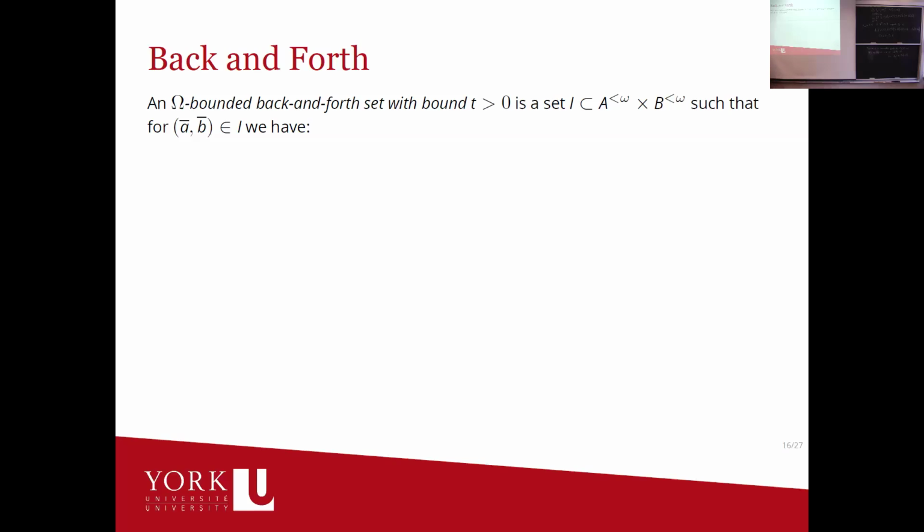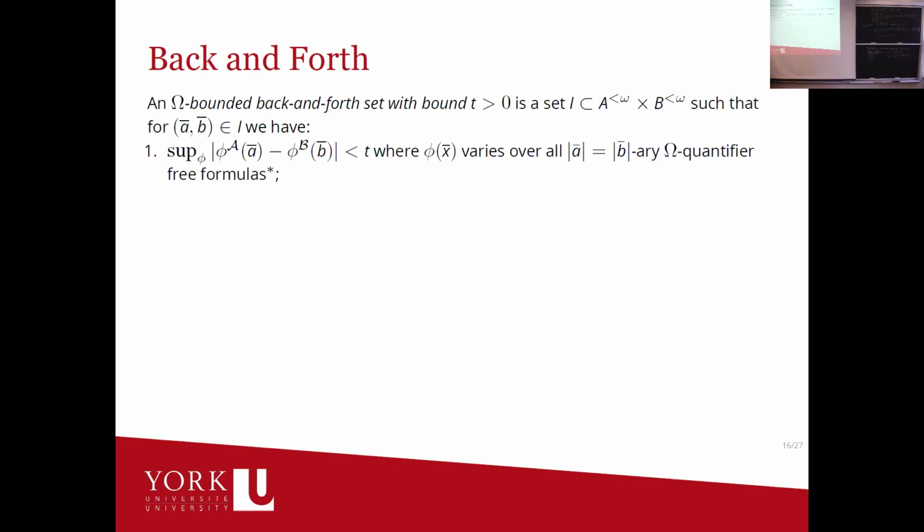Between these subsequences is going to be a set I with the following properties. If you have a tuple from A and a tuple from B in my set, then the maximum amount of error, the supremum over all formulas phi evaluated at A, evaluated at B, taking the difference, is less than t, where phi of x varies over all omega quantifier-free formulas.